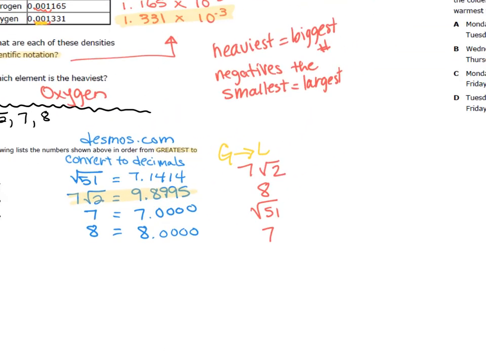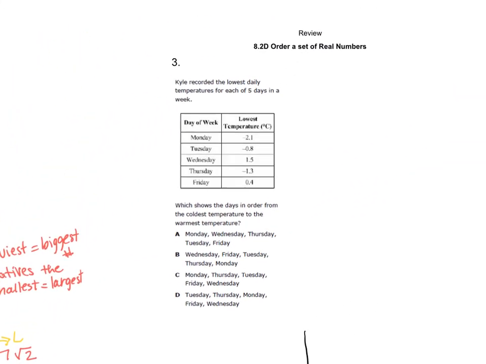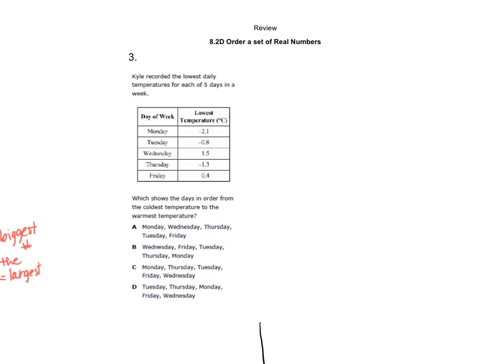Okay, number 3. This is a little bit weird that we have to go to the side. Kyle recorded the lowest daily temperatures of each of the 5 days in a week, which shows the days in order from coldest to warmest.